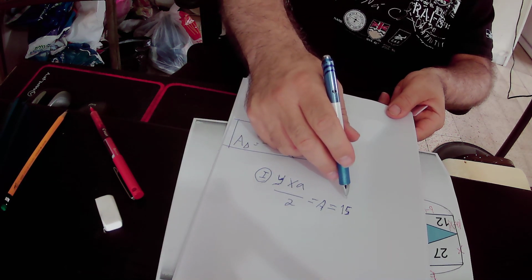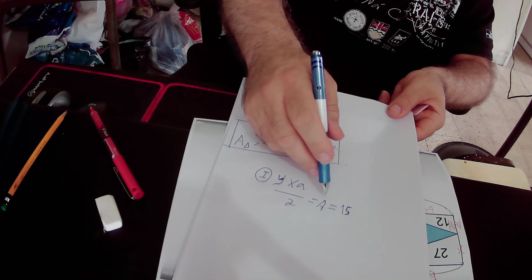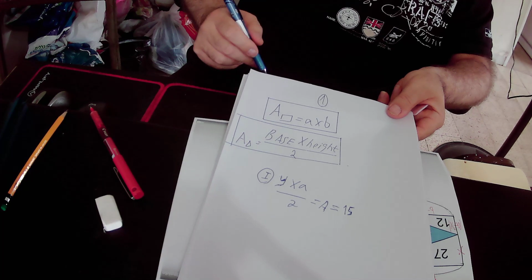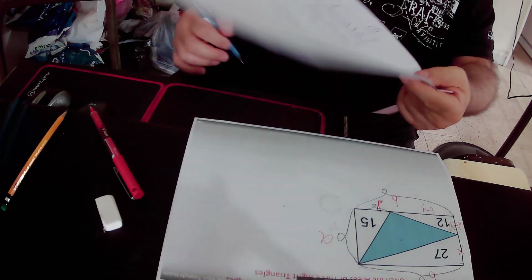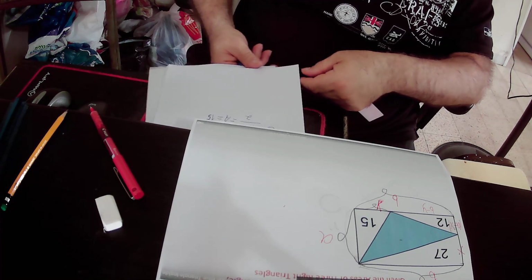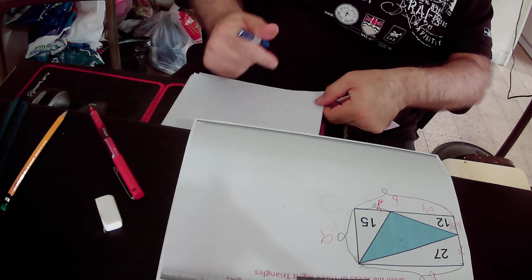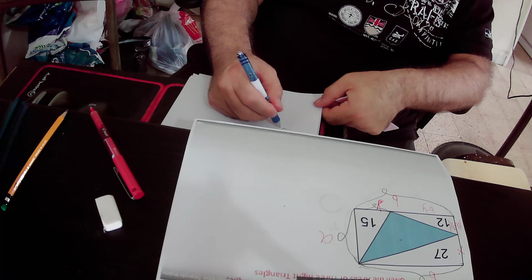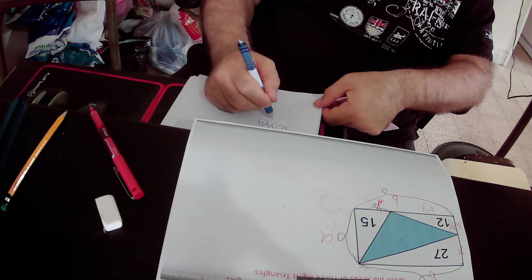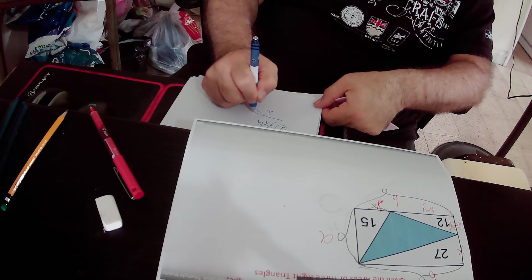Or we can rewrite this formula: y times A divided by 2 equals 15.